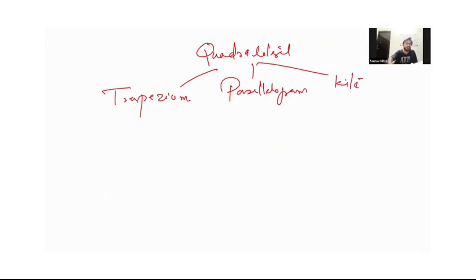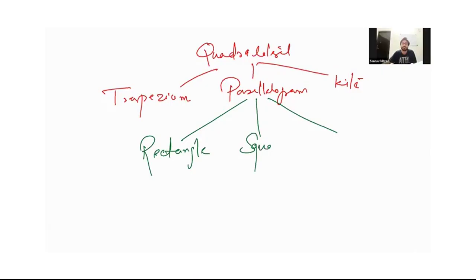And further from parallelogram we derived three figures. They are rectangle, square, and the last is your rhombus. So this is the further classification of a quadrilateral. This is how you have to remember this.